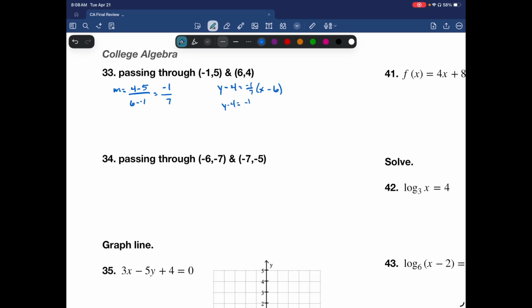All right, that's going to be plus 6 over 7. Okay, so we know that 4 equals 28 over 7. So I'll plug that in. So y equals negative 1 over 7 x plus 6 over 7 plus 28 over 7. All right, so y equals negative 1 over 7x, and 6 plus 28 is 34, so plus 34 over 7.